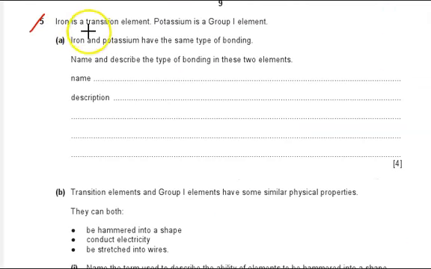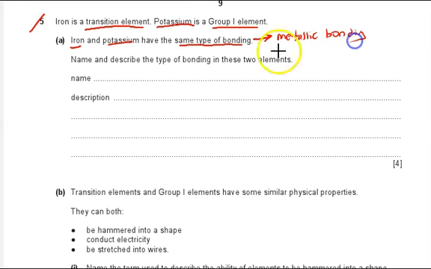Number 5. Iron is a transition element. Potassium is a group 1 element. Iron and potassium have the same type of bonding, which is a hint of metallic bonding. Both are metals. Now name and describe the type of bonding in these two elements.